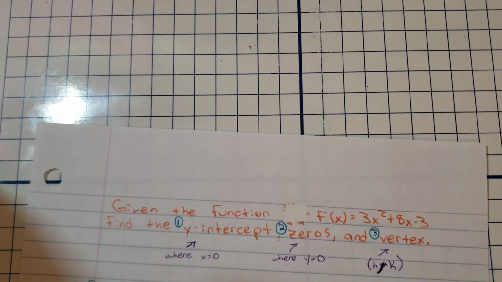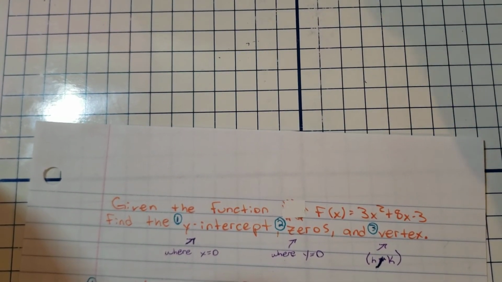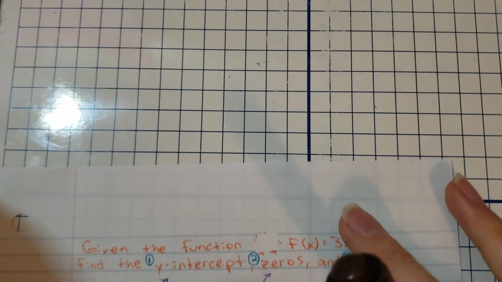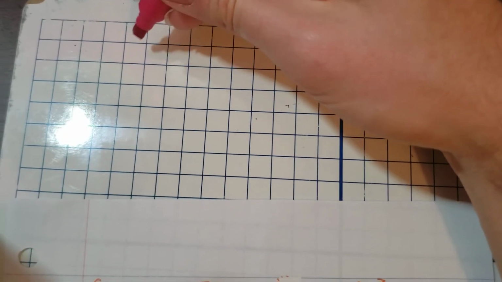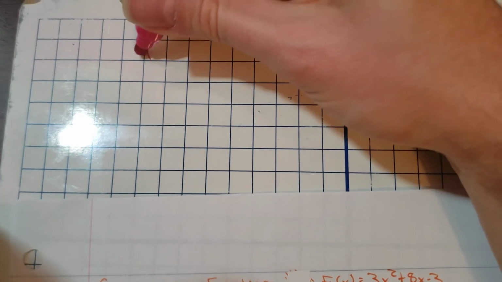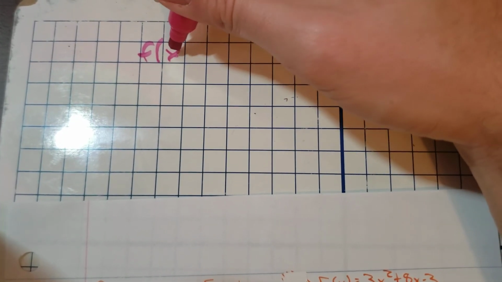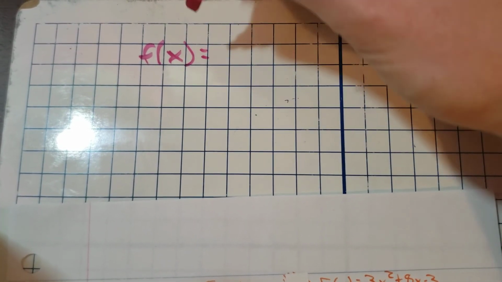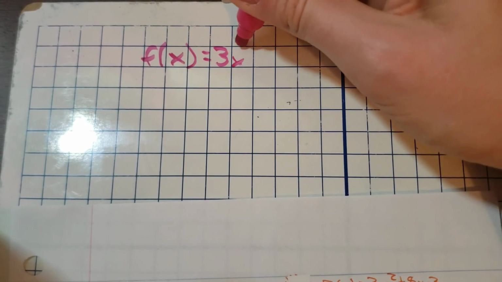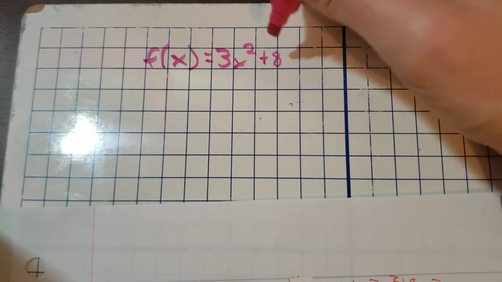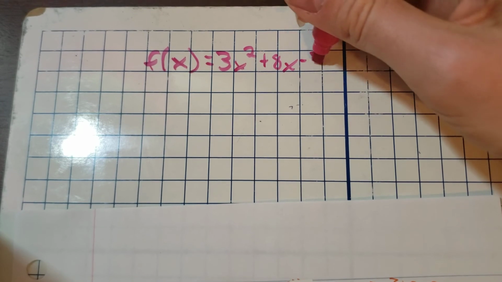That's going to be enough for us to graph. So let me use pink today. So again, my function is f of x equals 3x squared plus 8x minus 3.